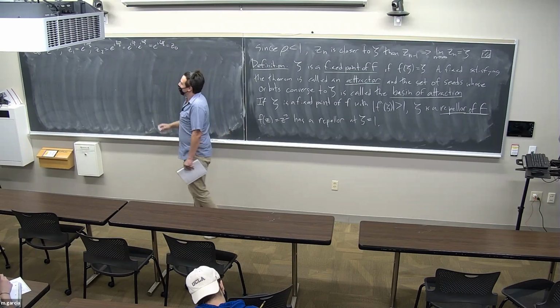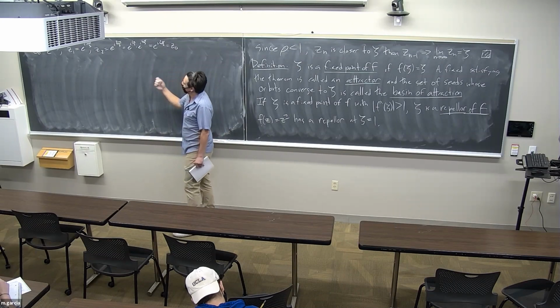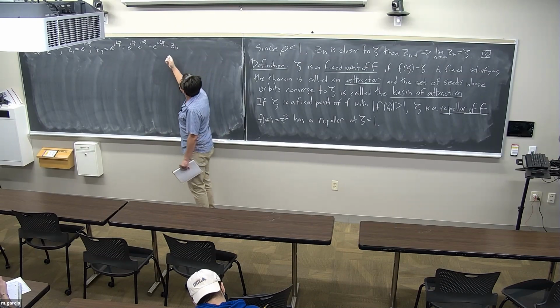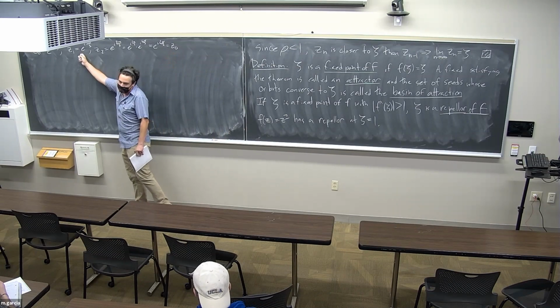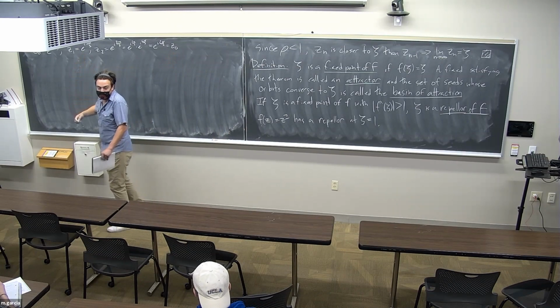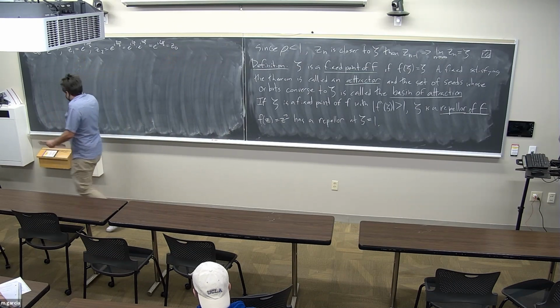And if I put z naught back into f, what do I get? Just z1 again. And so I go in a 2 cycle.